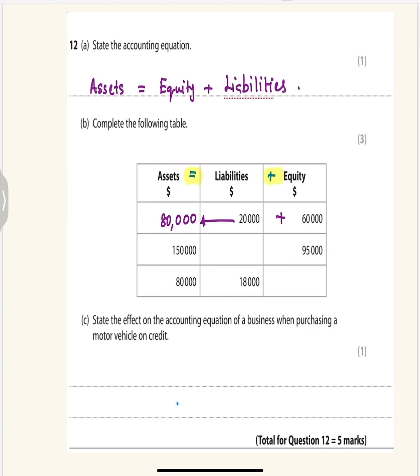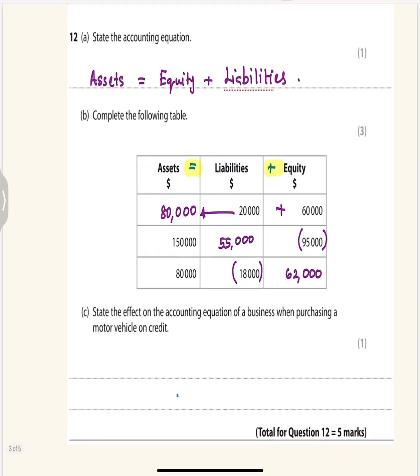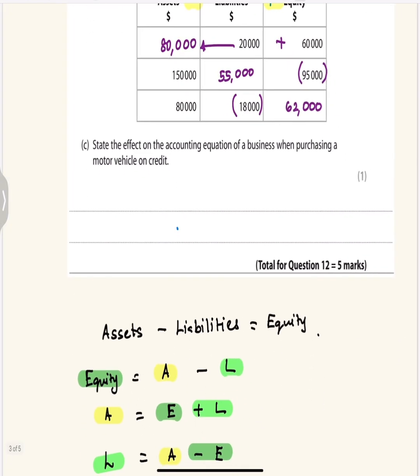Therefore, from assets, you deduct the equity. By doing that, you can find the amount of liability. So take your calculator. 150,000 take away 95,000 should give you 55,000. Thirdly, assets take away liabilities equals equity, which gives an answer of 62,000.